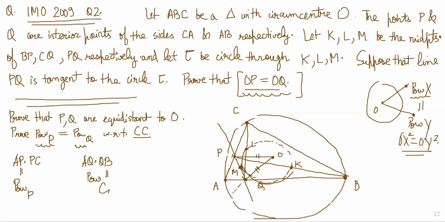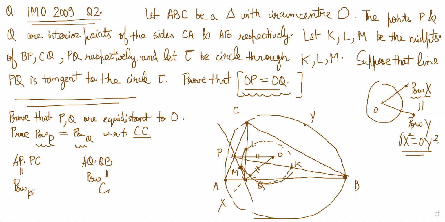I could have joined the diameter and made it like this, so AQ into QB will be equal to XQ into Q, whatever the diametric point, Y, and that would be your power of a point Q, right?